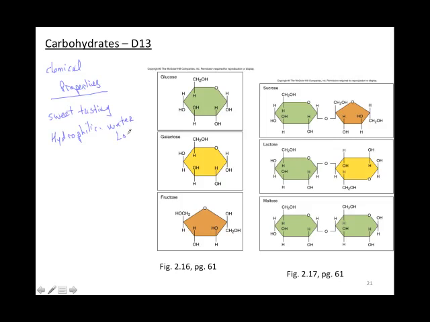Hydro, water, philic, love, and that means that they are able to dissolve in water. And part of that relates to the fact that they have polar covalent bonds. We know that things with polar covalent bonds will dissolve in things that have polar covalent bonds, like water.